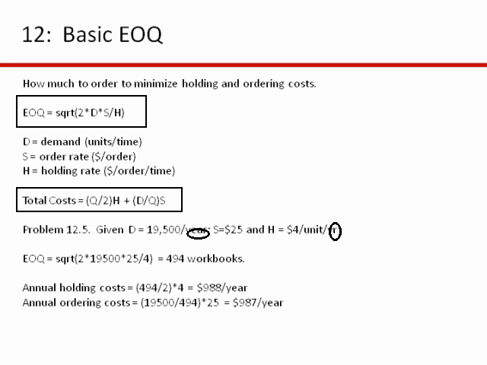So for instance, you could not use demand per month and holding rate per year. You're either going to have to convert the demand to annual demand or the holding rate to monthly. So again, just make sure those time units cancel out, and you should be able to directly employ these formulas to calculate your total cost as well as your EOQ.